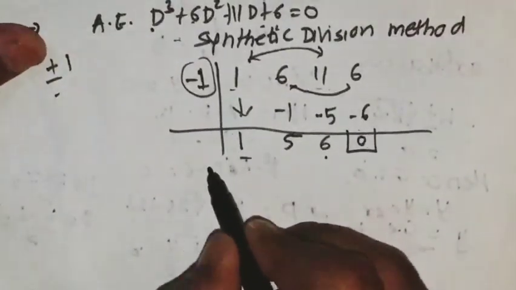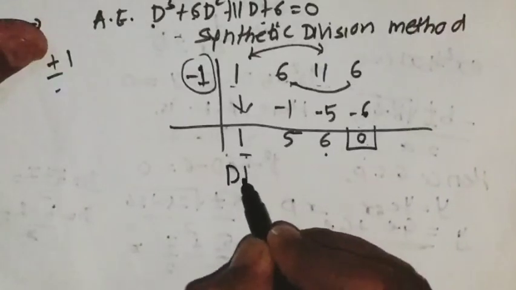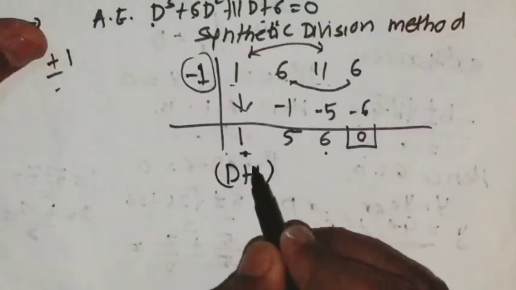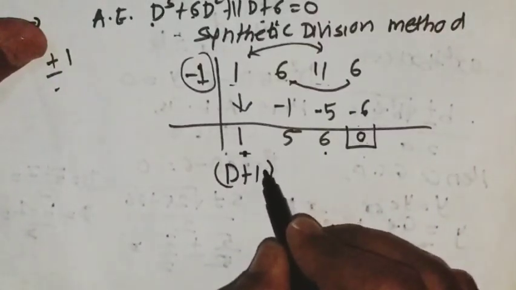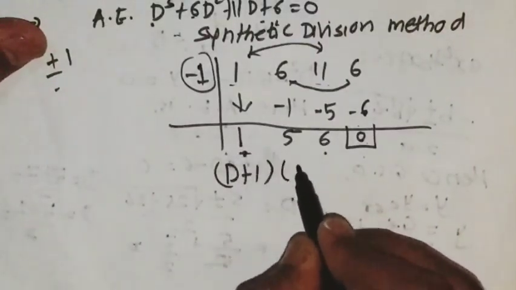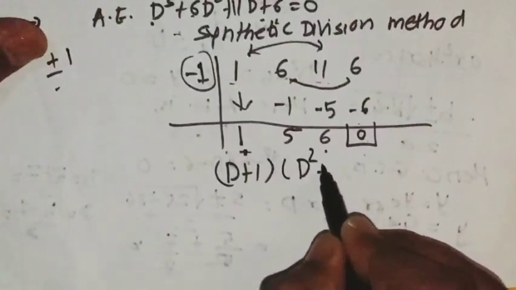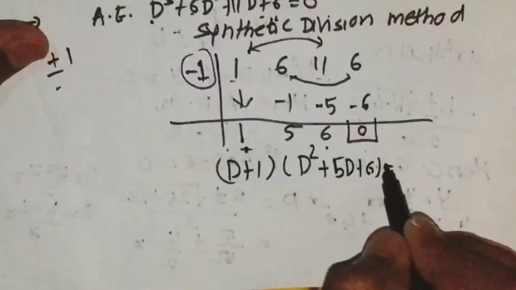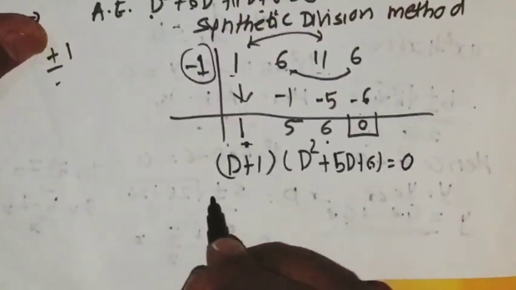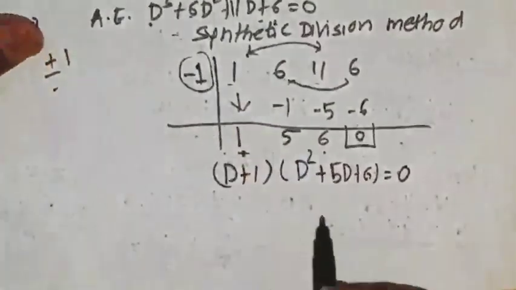One root is minus 1, so one factor will be d plus 1. D plus 1 is the factor which gives us the root d equal to minus 1, and this is the remaining second degree factor, d square plus 5d plus 6 equal to 0. The product of these factors will be the original polynomial.